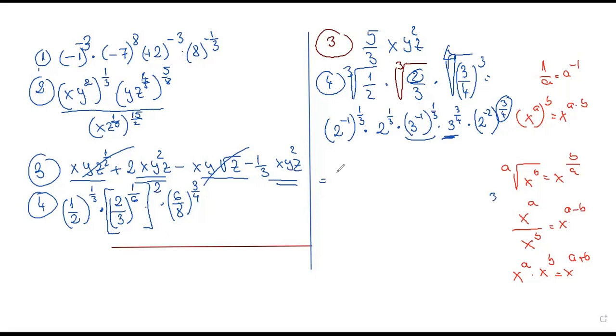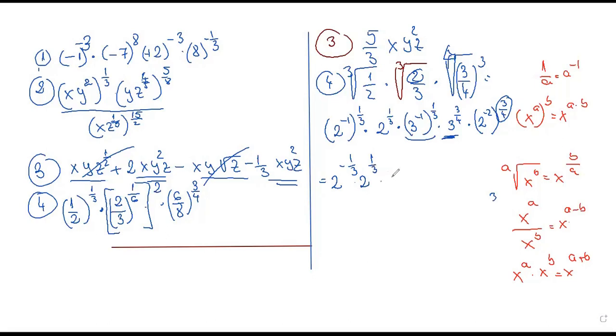Do you want to dictate from here, or you want me to say? First thing I'm going to have to do is 2 to the minus 1 over 3, times 2 to the 1 over 3, which stays the same.